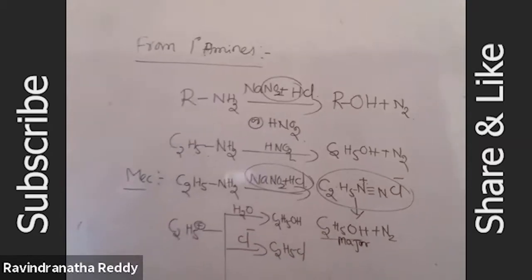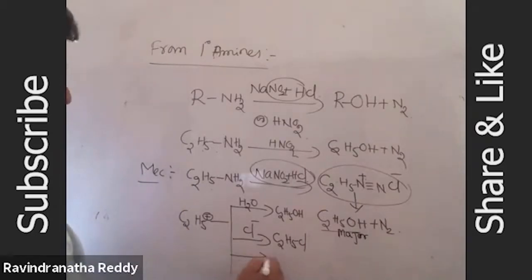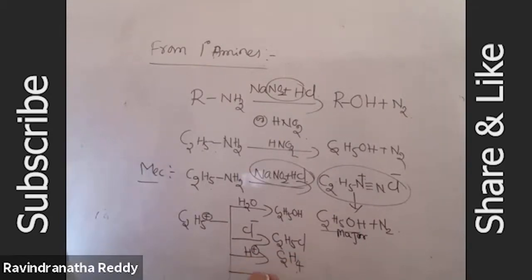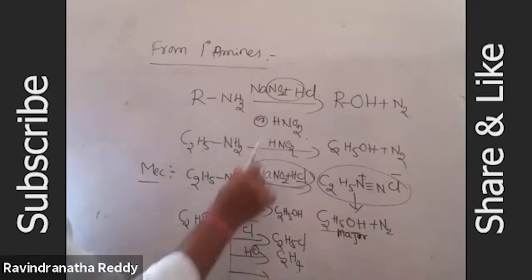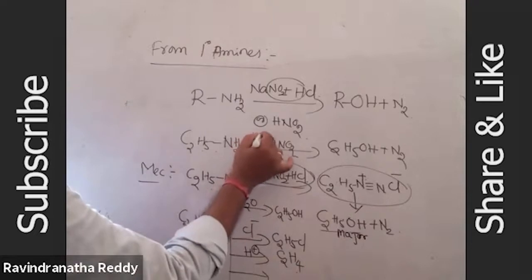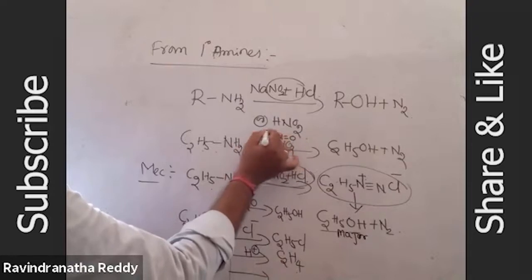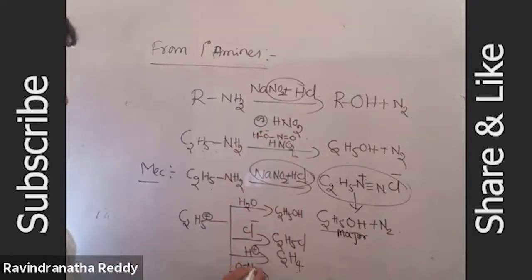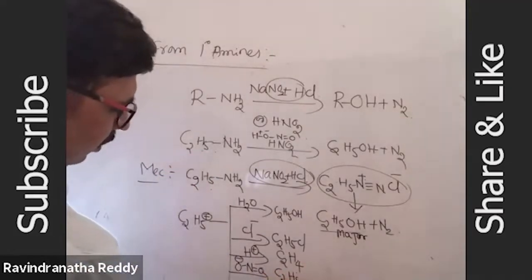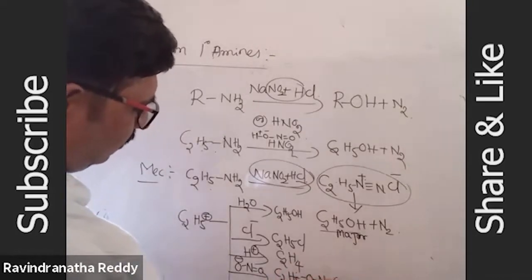With loss of H plus, an elimination reaction, C2H4 is also obtained. HNO2 has the structure H plus and ONO minus. Reacting through the nitrogen gives C2H5NO2, and through oxygen gives C2H5ONO, another product.